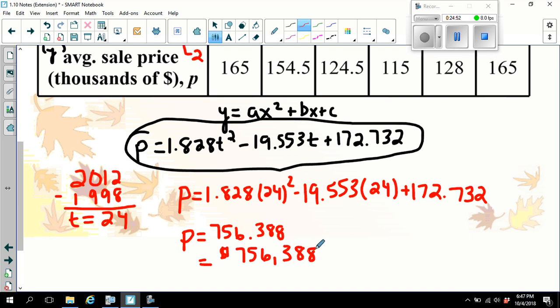So that would be our final answer. So we do have to write our answers in thousands of dollars to represent that. Okay, so that's how you figure out quadratic regressions, and then how to use a quadratic regression to find your final answer.